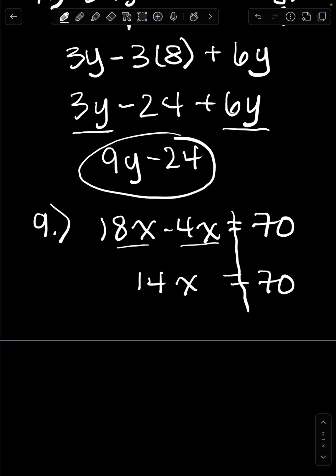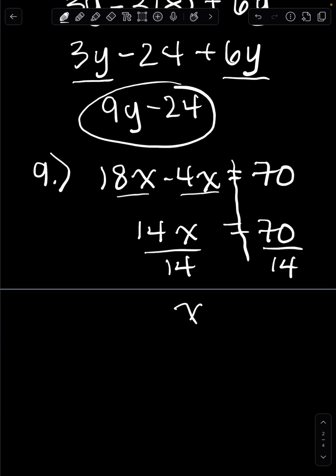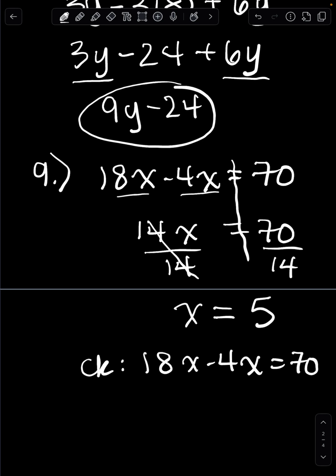Now I'm going to divide both sides by 14 because I have to move that 14 over. If I'm doing it on one side, I got to do it on both sides. Leaves me with x equals 5. We are supposed to check. Let's take the original 18x minus 4x equals 70.